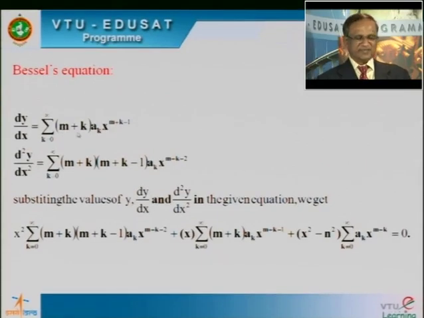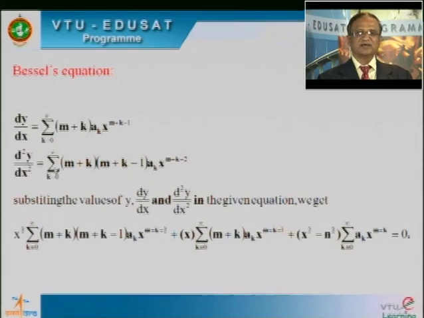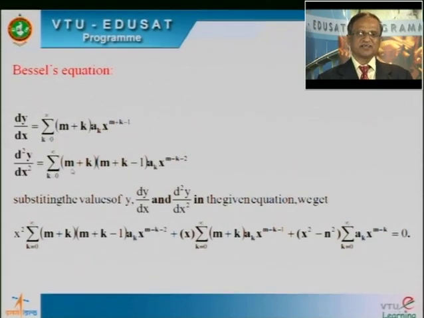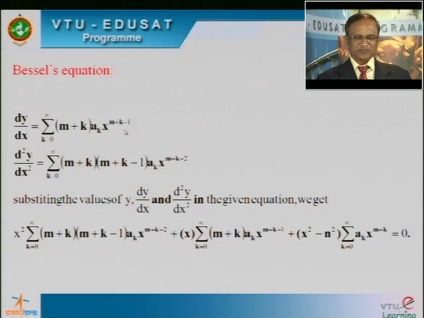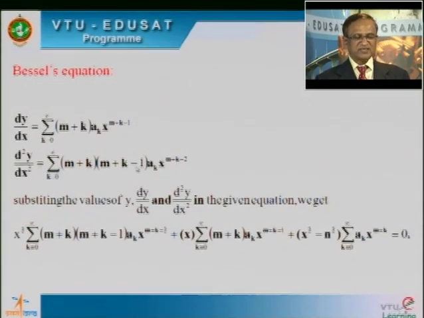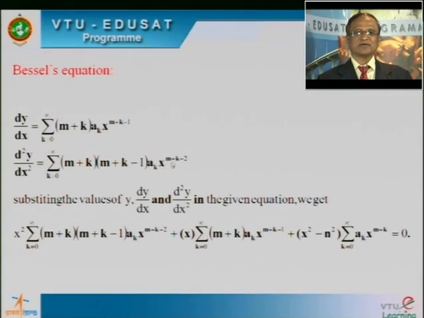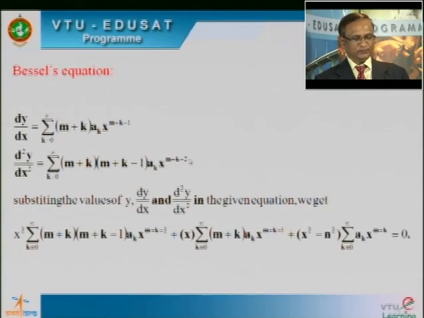That's why you get m plus k into x to the power m plus k minus 1. Similarly, the second derivative can be obtained again using the same formula, where m plus k is constant: m plus k into m plus k minus 1 ak x to the power m plus k minus 2.